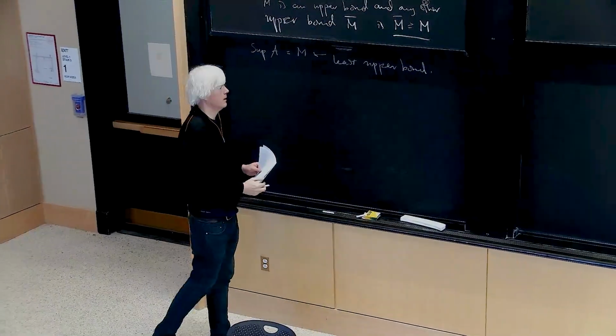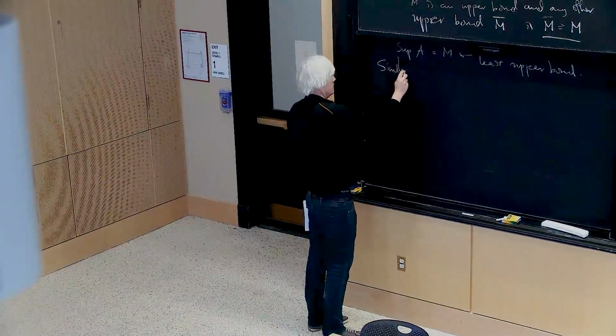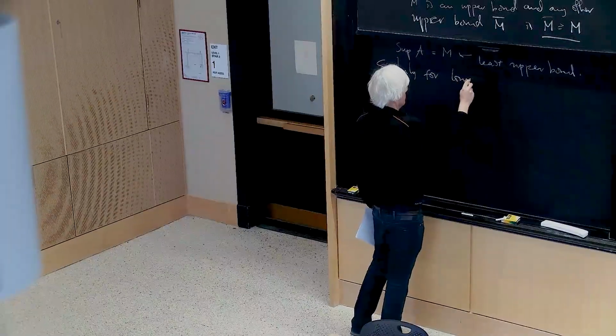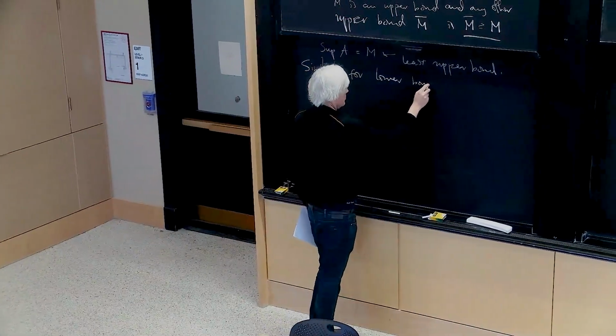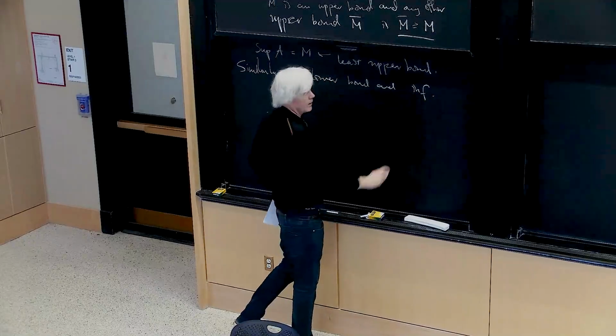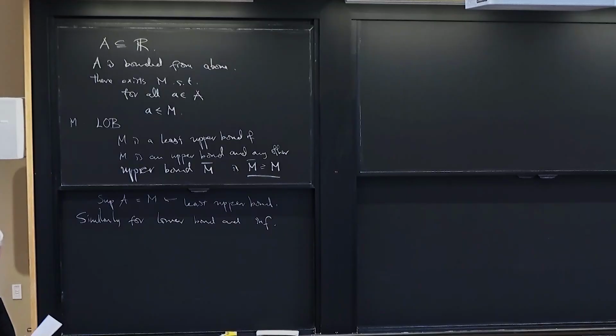Okay, and similarly for lower bound. And the real numbers have this property that if a set is bounded from above, then there is a least upper bound, right?